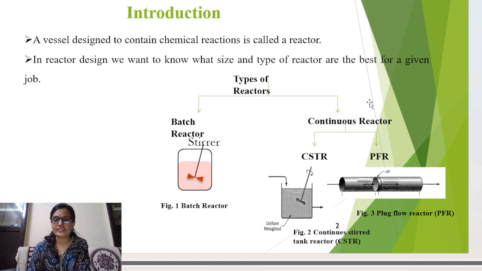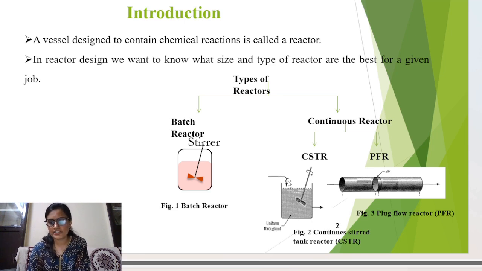Now another type of reactor is the continuous type of reactor. There are two types of continuous reactor: CSTR, that is the Continuous Stirred Tank Reactor, and the PFR, plug flow reactor. Now what is the CSTR? This figure 2 shows the CSTR, in which we have a tank in which an agitator is provided. Here we are continuously providing the feed stream inside the tank, and simultaneously we are removing the product from the tank.